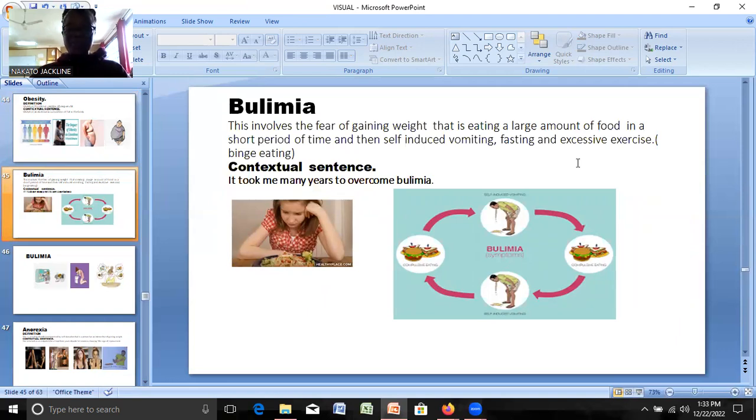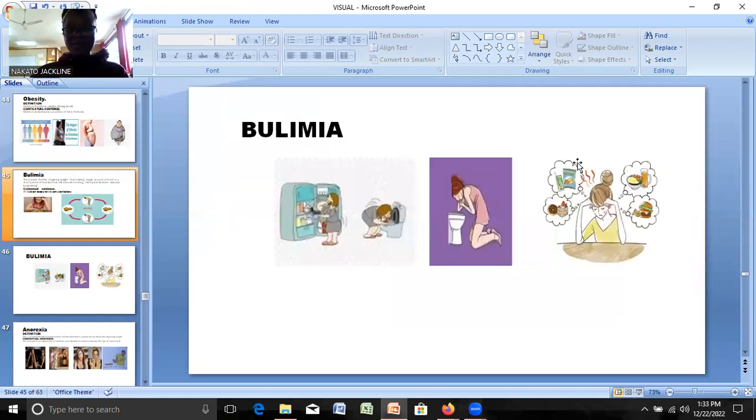Here they will eat a lot and then they induce themselves, they make themselves vomit. And then sometimes they say, I'm fasting, I don't want to eat a lot, I want to make campus figure. So that is bulimia. And these are some of the diagrams showing someone has eaten very much food, then after they are inducing themselves to vomit, which is very bad.